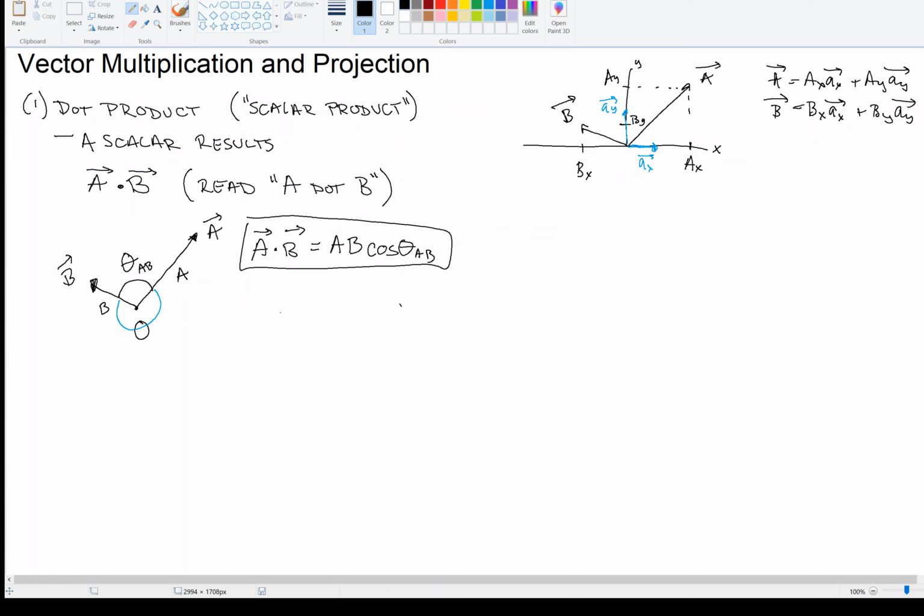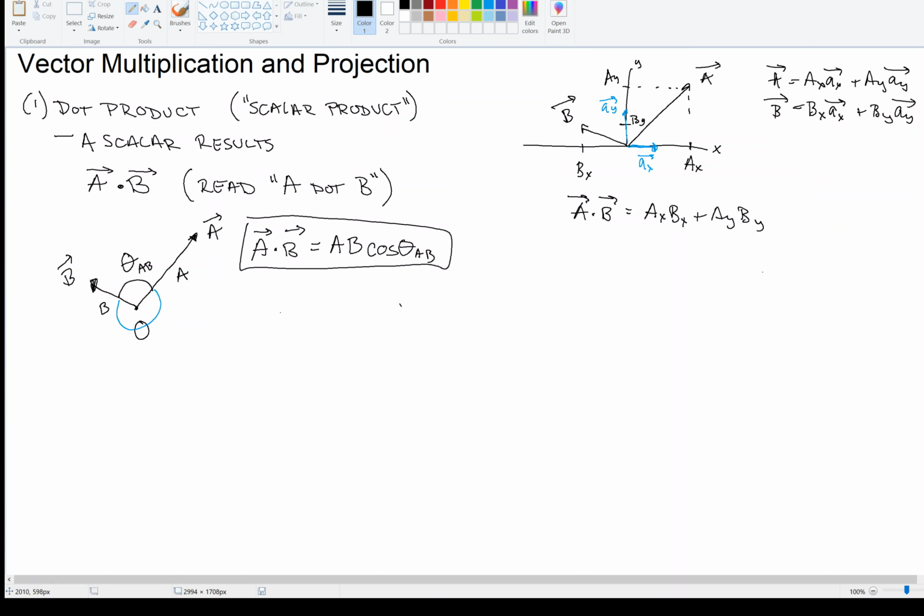Okay, so again, let's get back to the dot product. The dot product mathematically is defined as the sum of the products of each corresponding component. So this is Ax times Bx plus Ay times By. So multiply the components together, then add them. That's what you get.